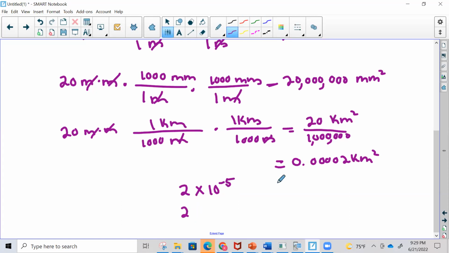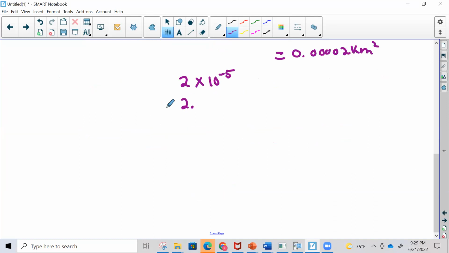Then we move the decimal 5 to the left: 1, 2, 3, 4, 5, and then you put zeros in. I rewrite it without all the lines, so this is the same thing as what I had here. If you see that notation, that's what it means.